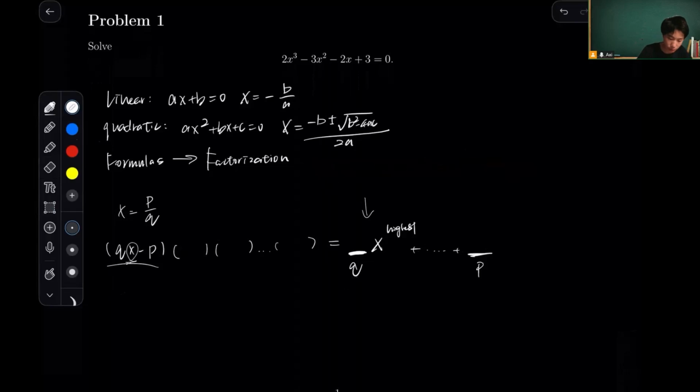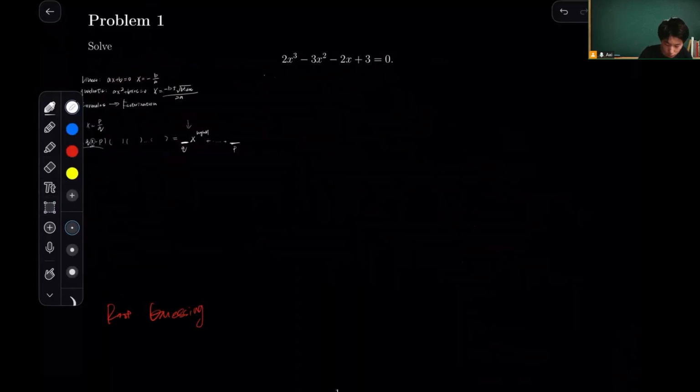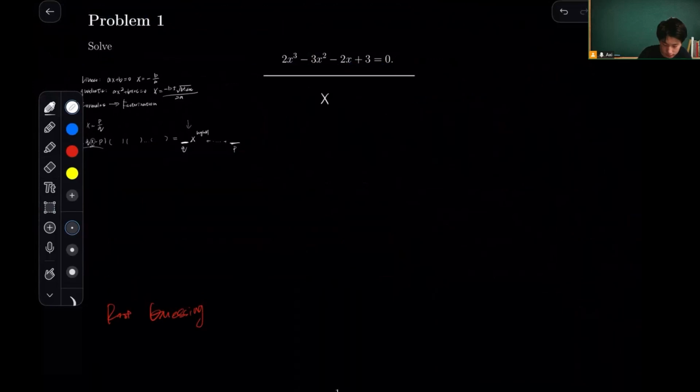Given this, you can perform what is called root guessing. Let me show you an example of what root guessing is. For this equation over here, we can guess the root x equals 1, which can be written as 1 over 1. So 1 in the numerator can divide 3, 1 in the denominator can divide 2. That means this root is possible in the first place.